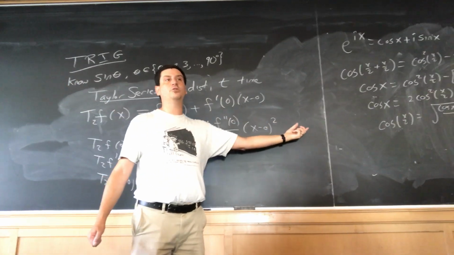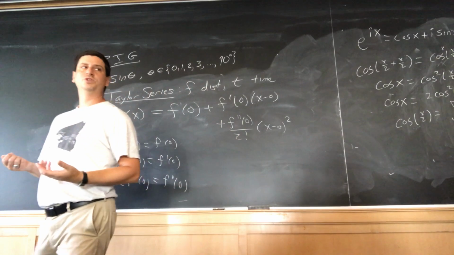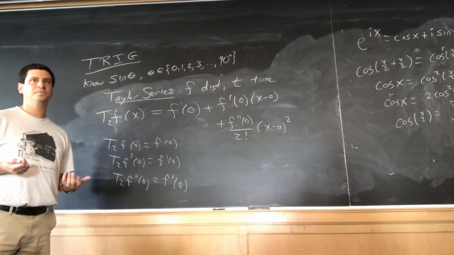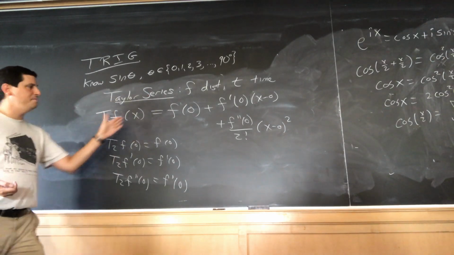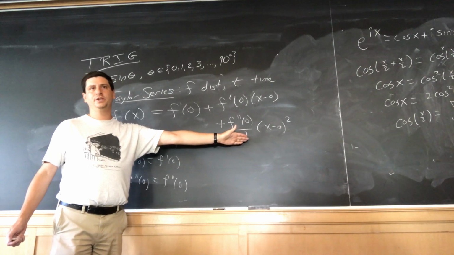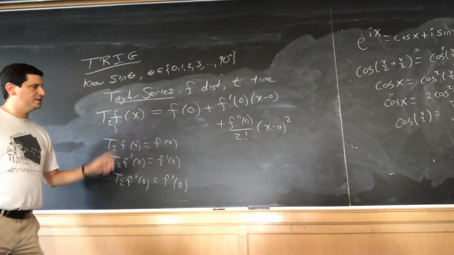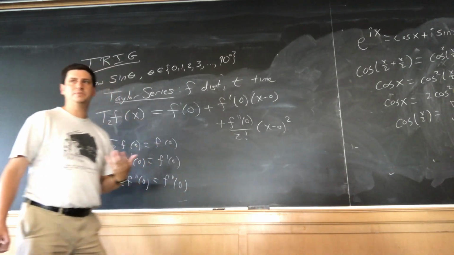The x minus 0 cubed term, when I take 2 derivatives, it's still going to have an x minus 0. It will still vanish when I put in x equals 0. So by doing a series like this, it's going to ensure that they match at the origin up to order 2 for the derivatives. If I wanted to do the third order Taylor series, I would just have an f triple prime of 0 over 3 factorial times x minus 0 cubed.